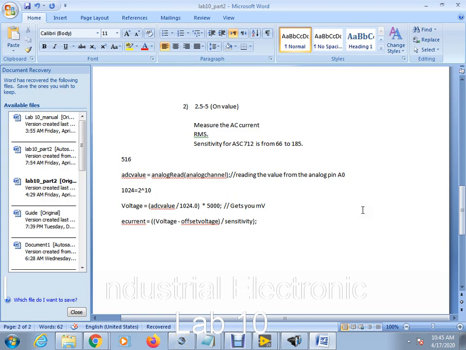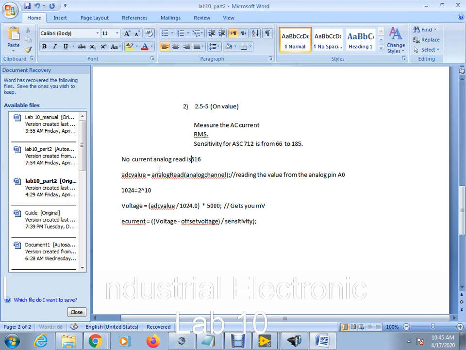For no current, the ADC value, analog read, is 516.